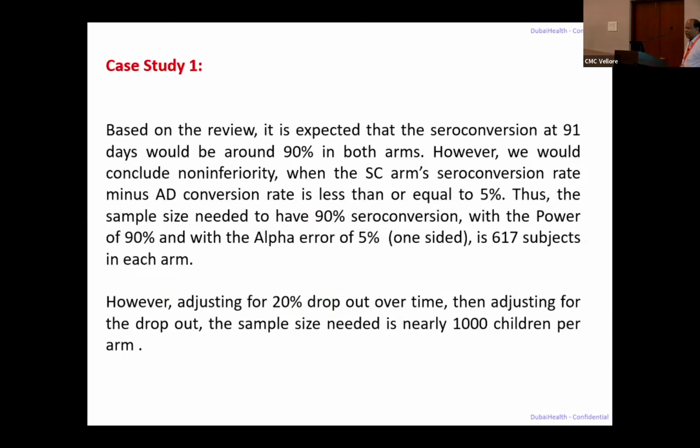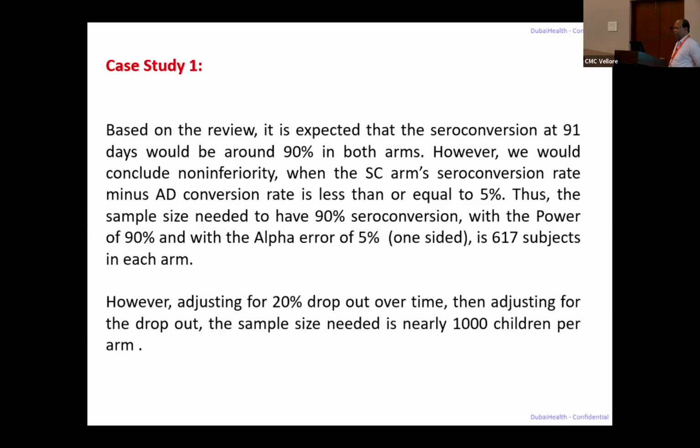Seroconversion at 91 days would be around 90%. This is your P. We would conclude non-inferiority when the subcutaneous arm's seroconversion rate minus the aerosolized seroconversion rate is less than or equal to 5%. So the margin is 5%.